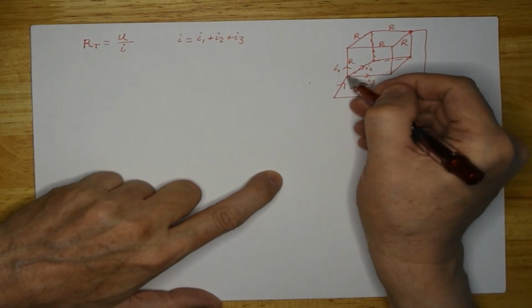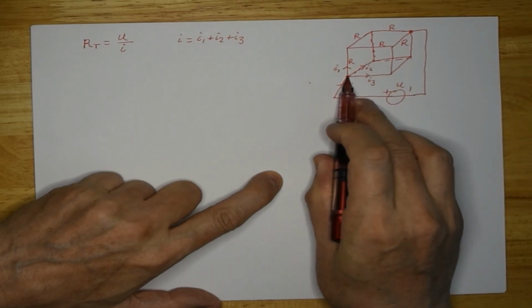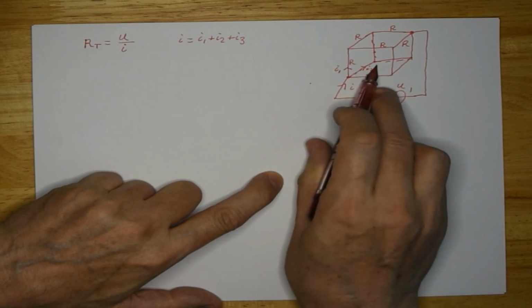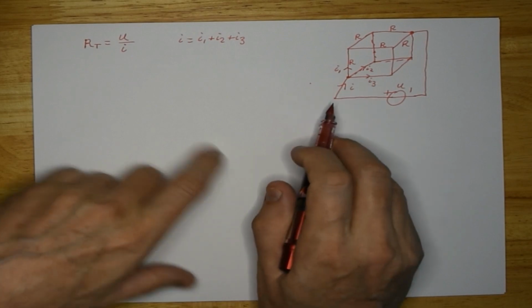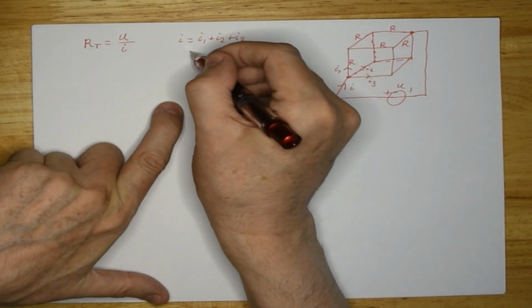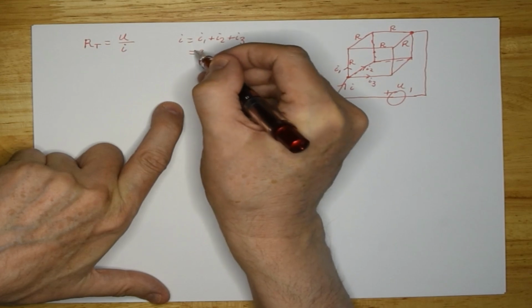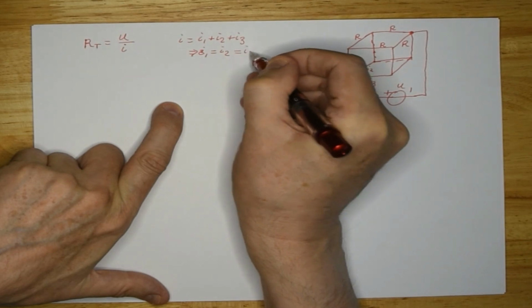And since it is totally symmetric, from this point, the circuitry here looking inside looks exactly the same as here, looks exactly the same as here. So these currents will be the same, right? So I1 will be the same as I2, will be the same as I3.